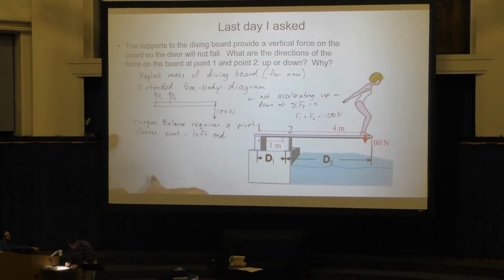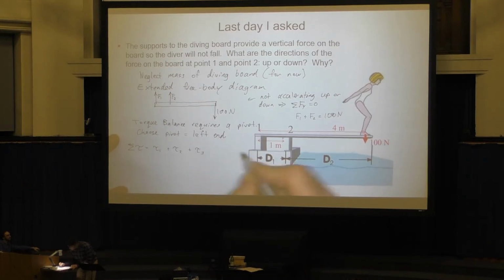Left end, what will happen is then now you have the torques. Sum of all the torques is equal to the torque 1 plus the torque 2 plus the torque 3. You can call this F3 or something.